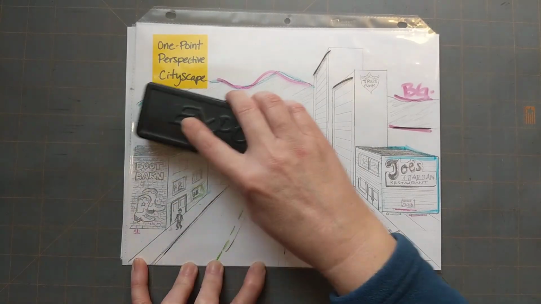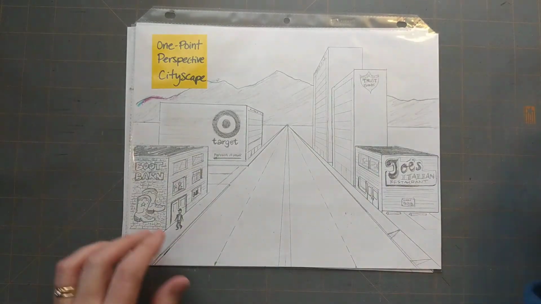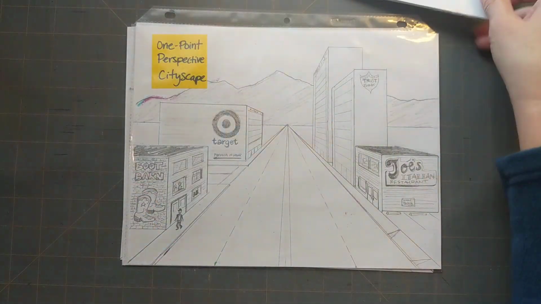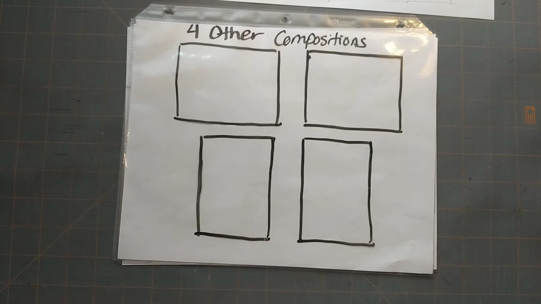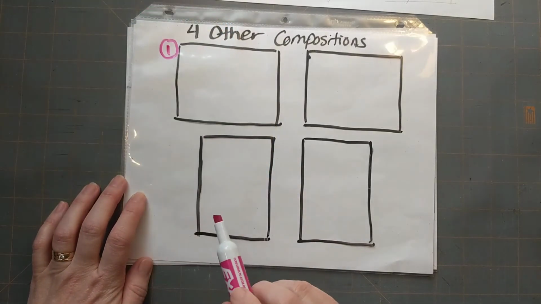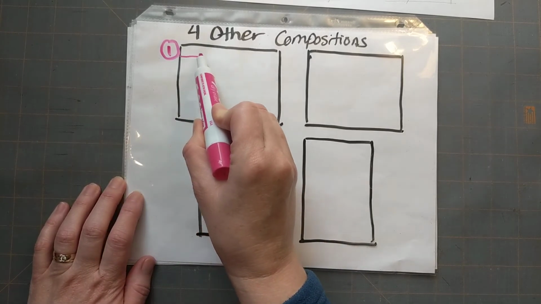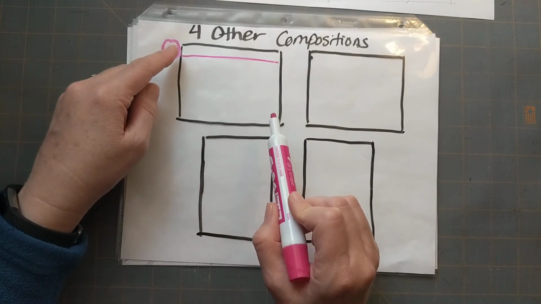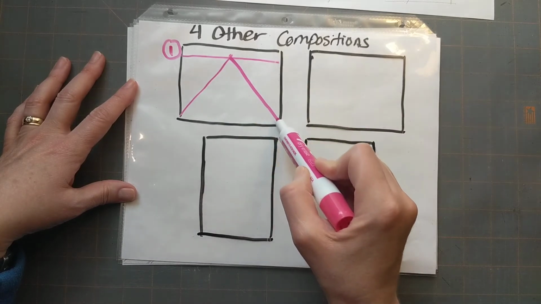Okay, so let's see here. I want to show you 4 other composition ideas that you can use for this. So you don't have to do it in this arrangement. Let's look at 4 other ideas for your composition. So the first one, here's number 1, you can change the point of view by raising the horizon line towards the top of the picture plane, and now you have more of a bird's eye view.